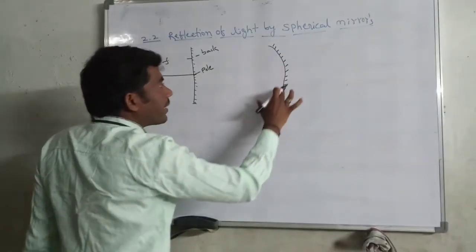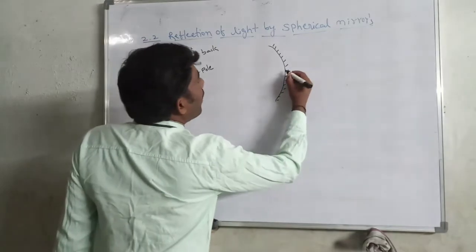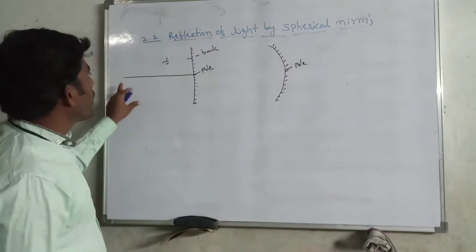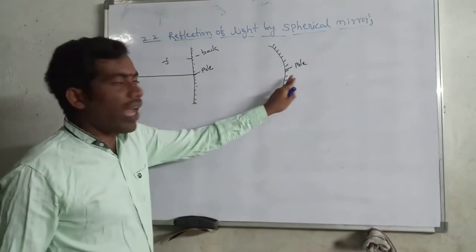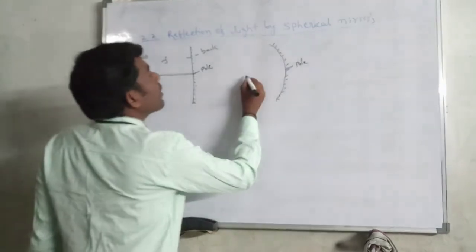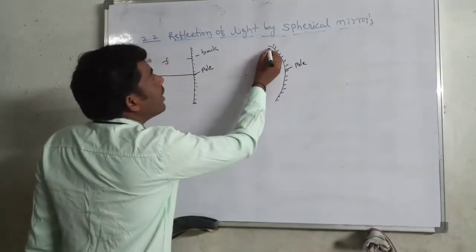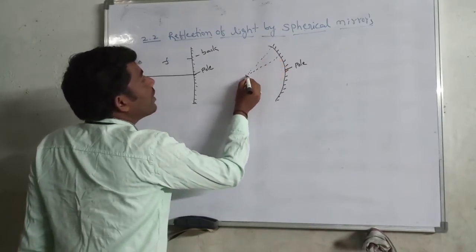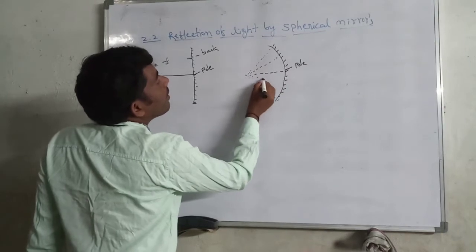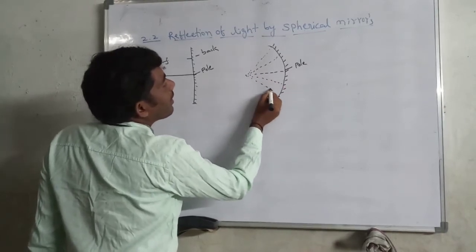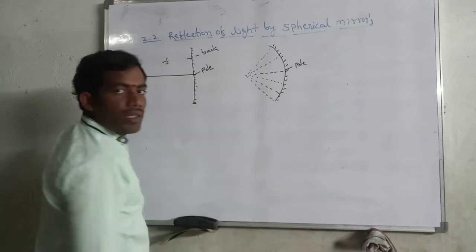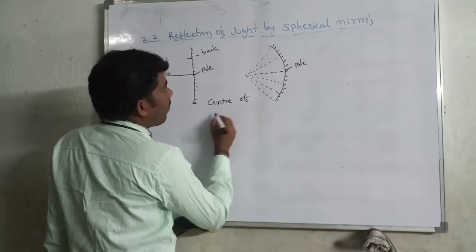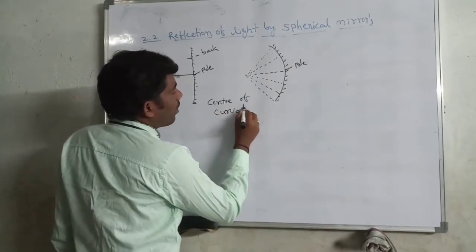Then in this case, the middle point we call the pole, and the radius or axis, the principal axis, is found by first finding its center, the center of the circle. The center of the circle is taken as the center of curvature.